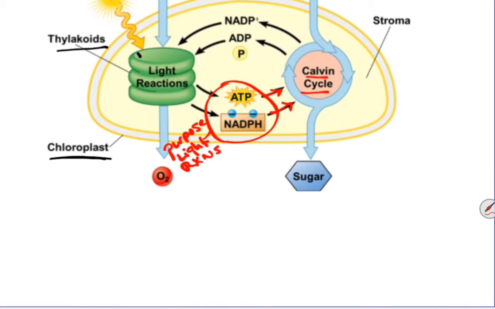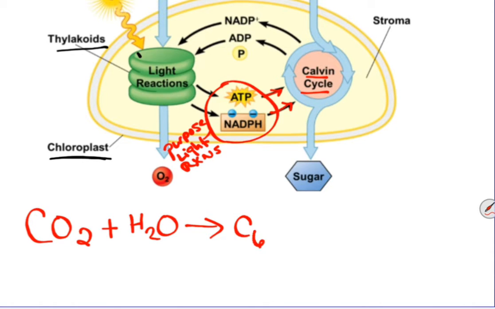It's helpful to look at the overall equation, so I'm going to write that for you now. It's CO2 plus H2O yields C6H12O6, that's glucose, plus oxygen. And then we're going to balance it.